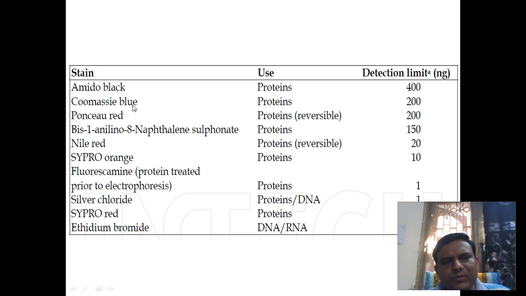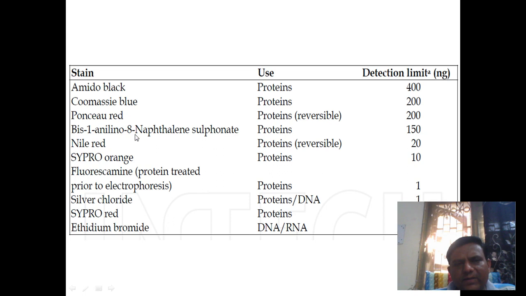This Coomassie blue we routinely use in the laboratory to perform polyacrylamide gel electrophoresis, in which we stain the protein molecules. We can visualize the protein bands by using Coomassie blue. Then there is aniline naphthalene sulfonate, then Nile red, sypro orange, fluorescamine.